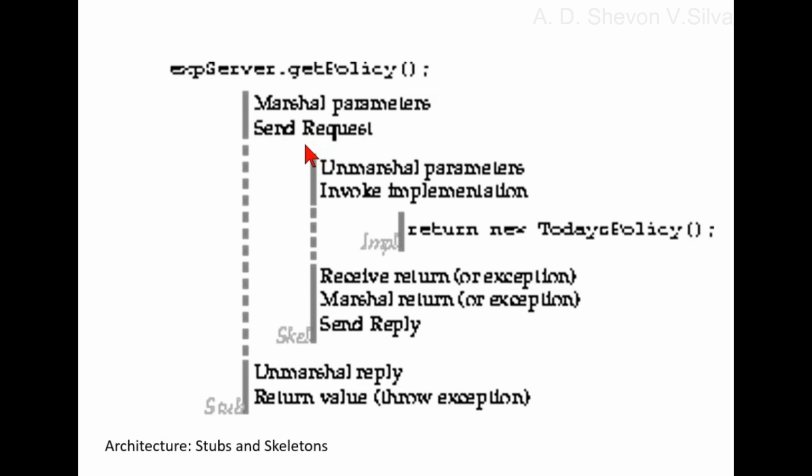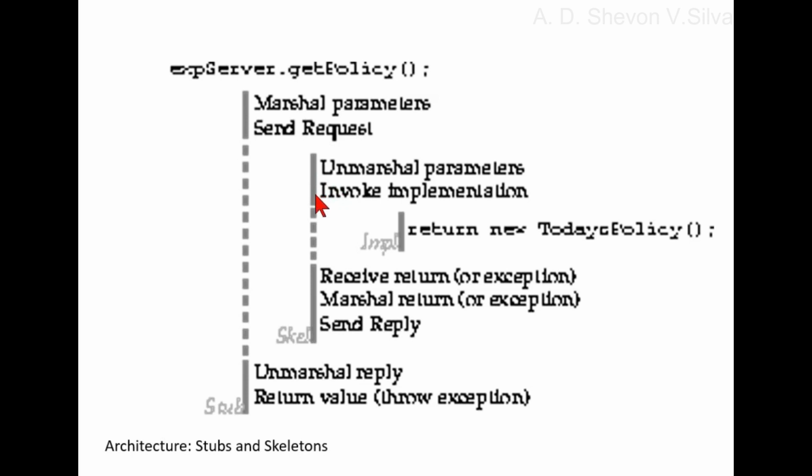Server side, the call is received by the RMI system and connected to the skeleton, which is responsible for unmarshalling the arguments and invoking the server implementation of the method.